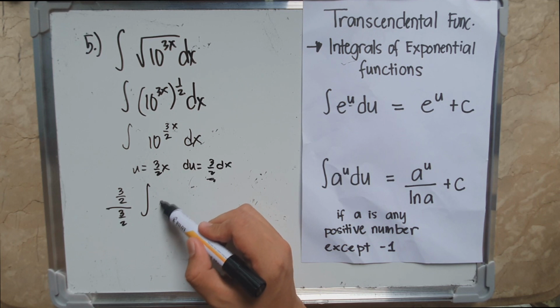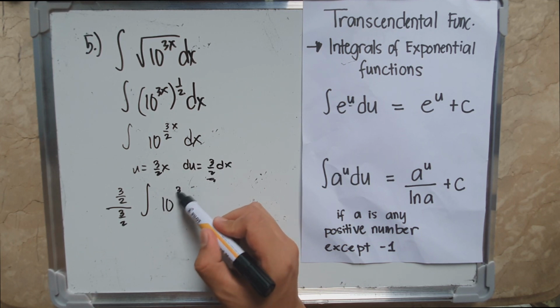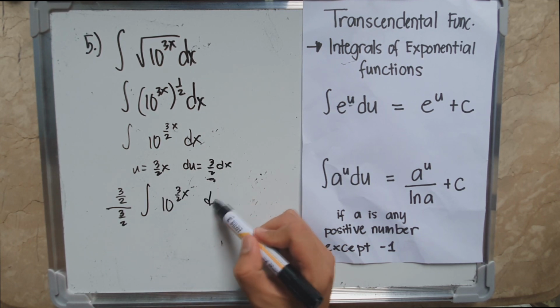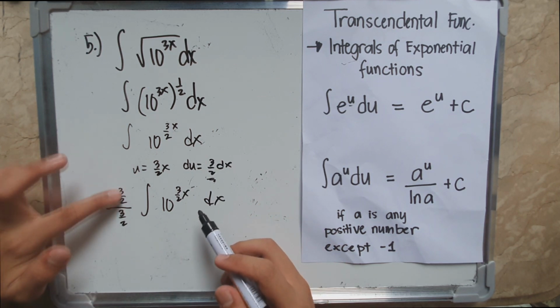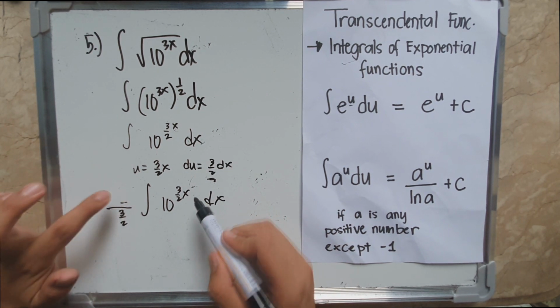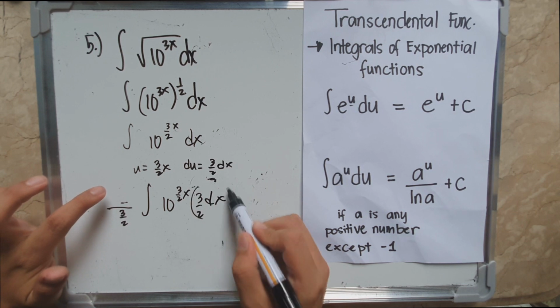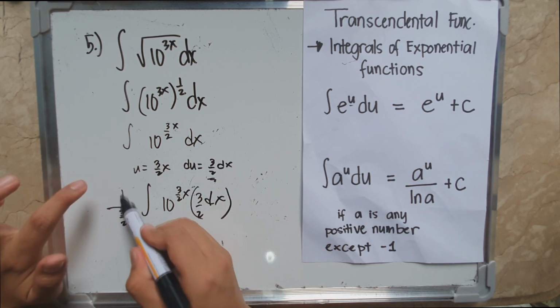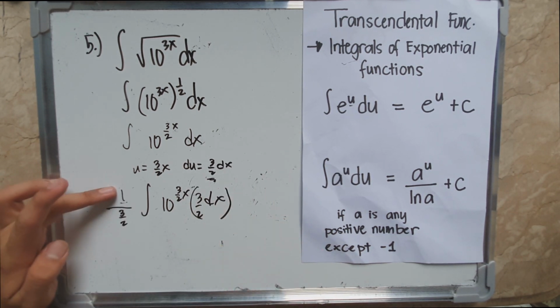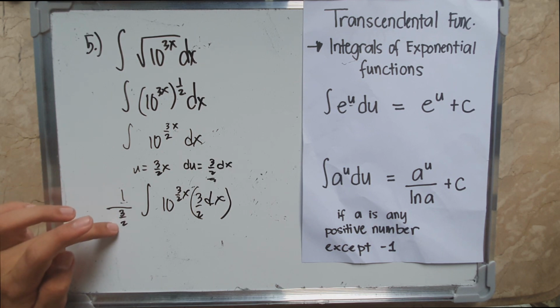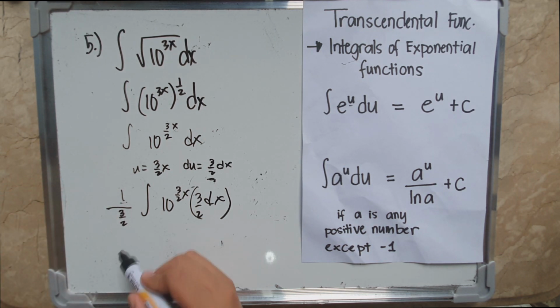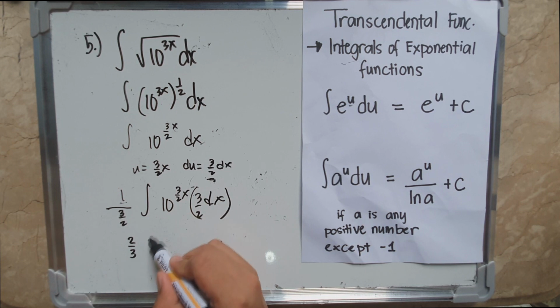Integral of 10 raised to the power of 3 over 2x dx. Writing the numerator 3 over 2 inside, this will now become 1 whole over 3 over 2, that is equivalent to 2/3.